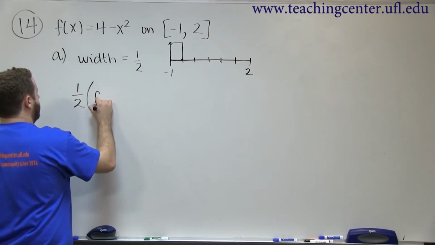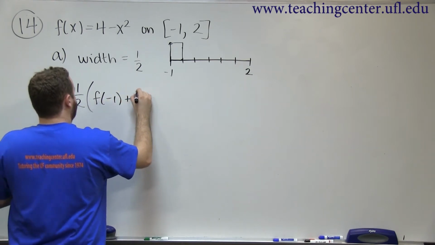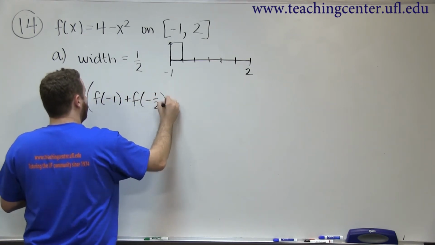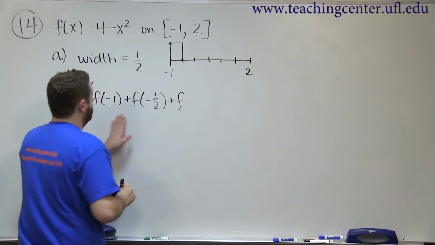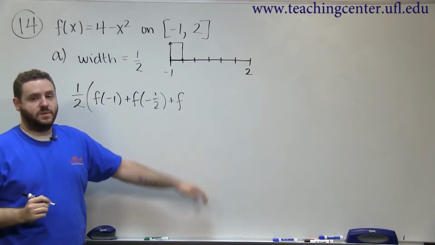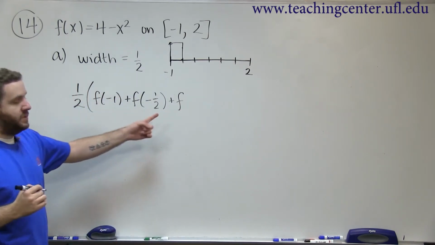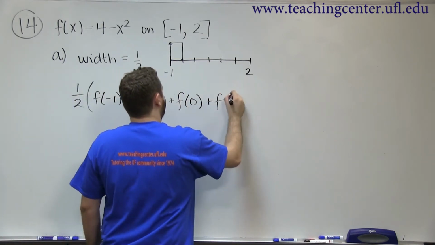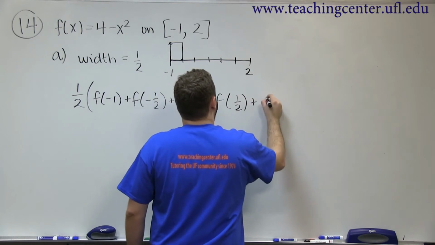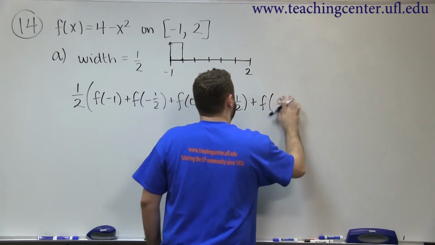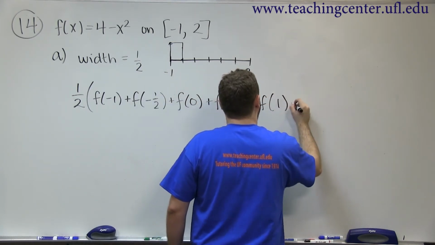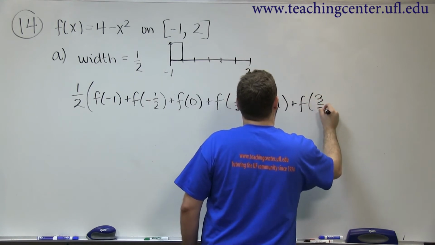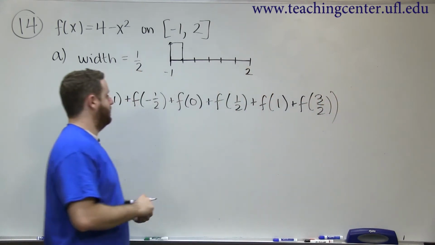So we're just going to plug in f of -1, f of -1/2. We're going to keep doing this because we know we have to have 6 of these because we have 6 subintervals. And each one we just keep adding a half. F of 0, f of 1/2, f of 1, f of 3/2, and that's 6 things.